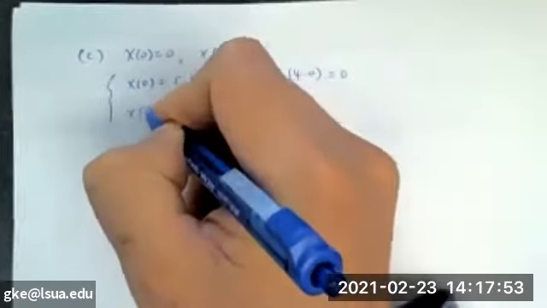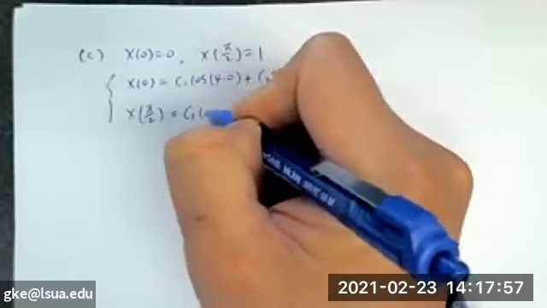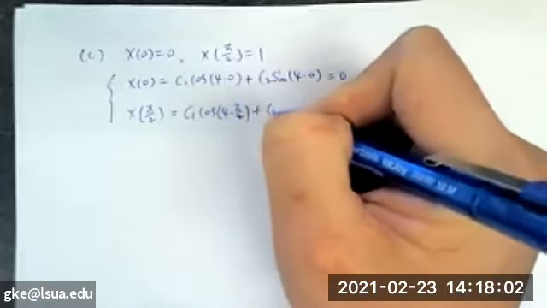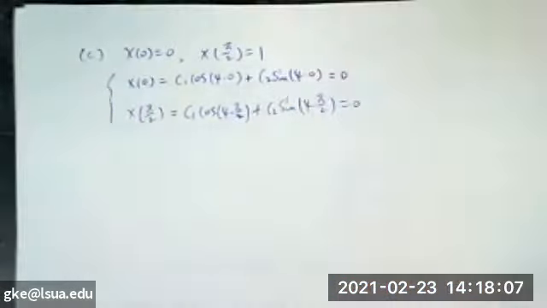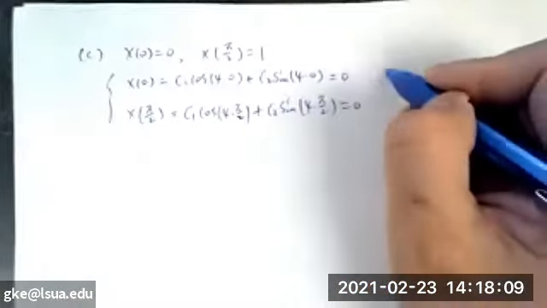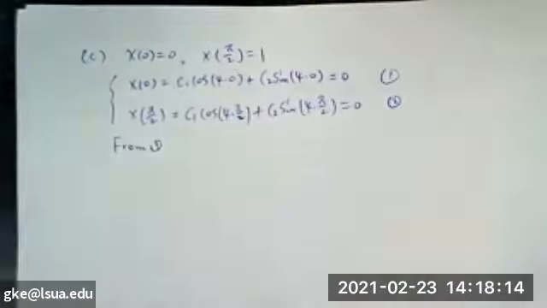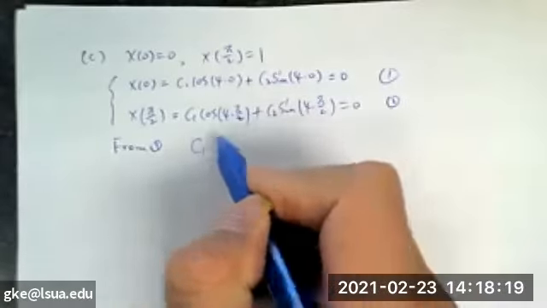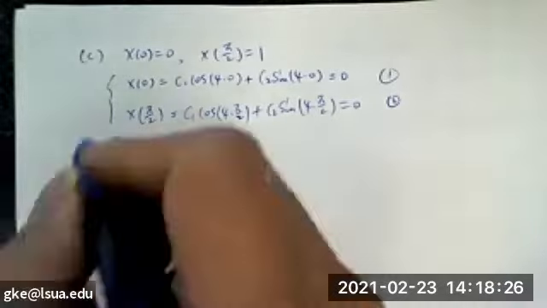And the second condition, C1 cosine 4 times pi over 2 plus C2 sine 4 times pi over 2. And from the first condition, we know from the last example that C1 equals 0, right? Now let's take a look at the second condition.